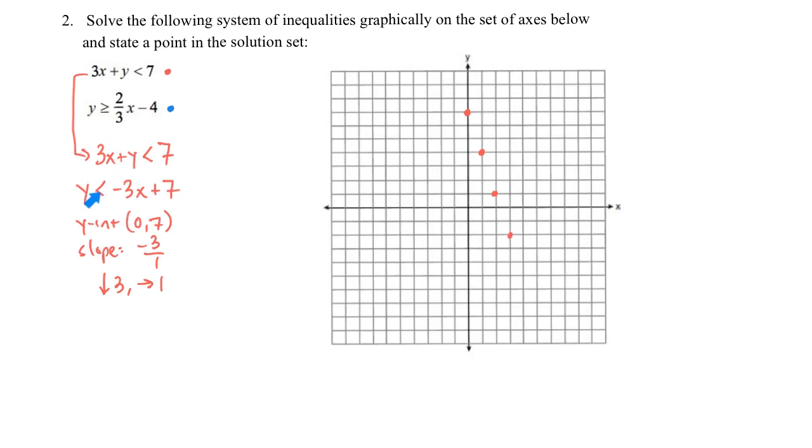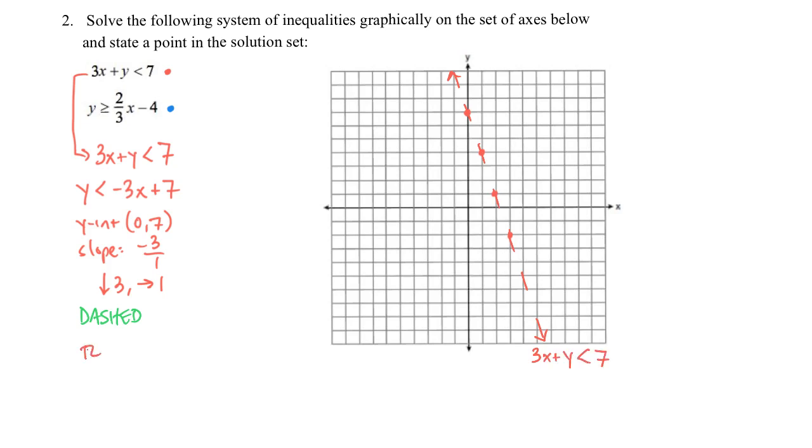I notice that this has less than, not less than or equal to, which means it's going to be dashed. So now I can take my ruler and draw in my dashed line. Make sure that I put in my arrows and make sure I label 3x plus y is less than 7.